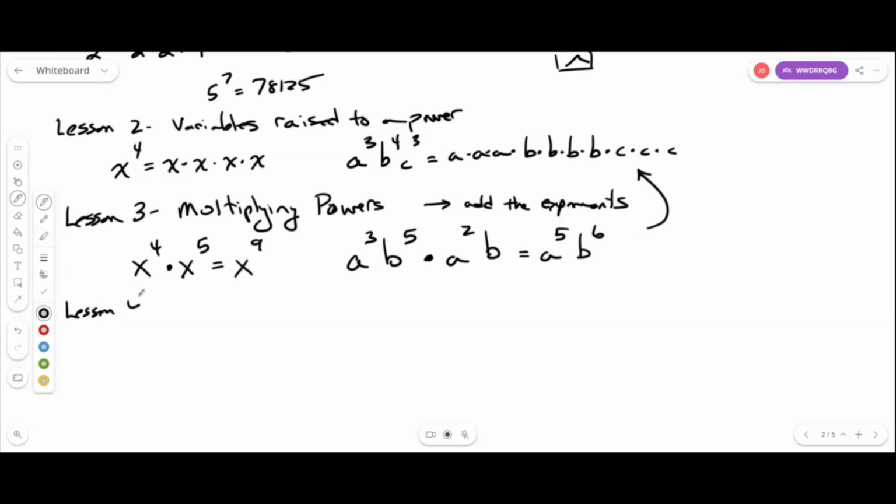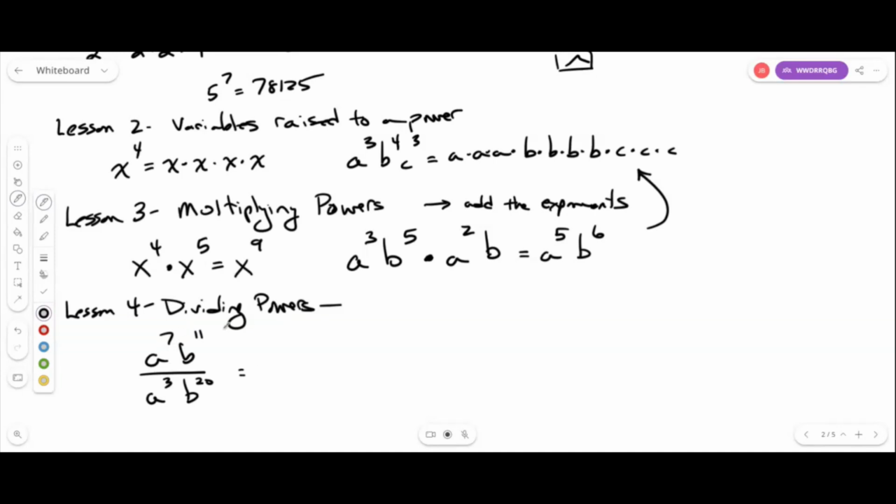Then lesson 4, we went to dividing powers. And we looked at problems that looked like this: a to the 7th, b to the 11th, over a to the 3rd, b to the 20th.